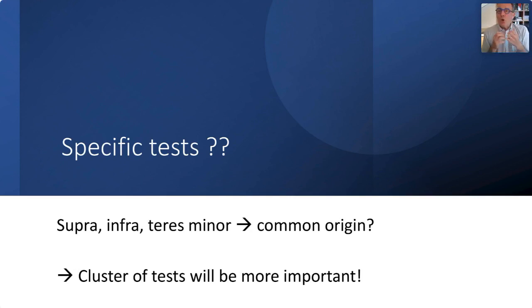So that's logical that abduction is not just a test for supra. The supraspinatus is anatomically closely connected with the subdeltoid bursa, so the one can influence the other. So keep that in mind.